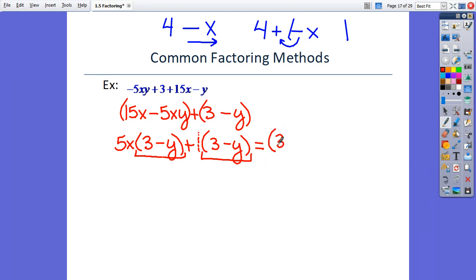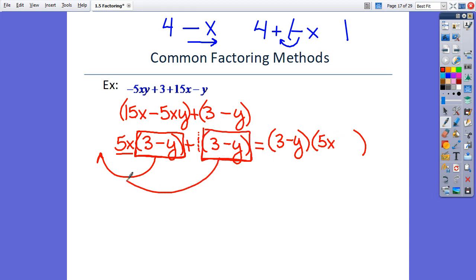So 3 minus y and factor it out. And then I should have something left behind. So when I remove this and move it out front, I'm left with 5x. And when I take this one, this is why I like putting the 1 there, and move it out front, then what I'm left with is a plus 1. And there's our factored form. So we have 4 terms. We can factor it to a double bubble kind of thing.